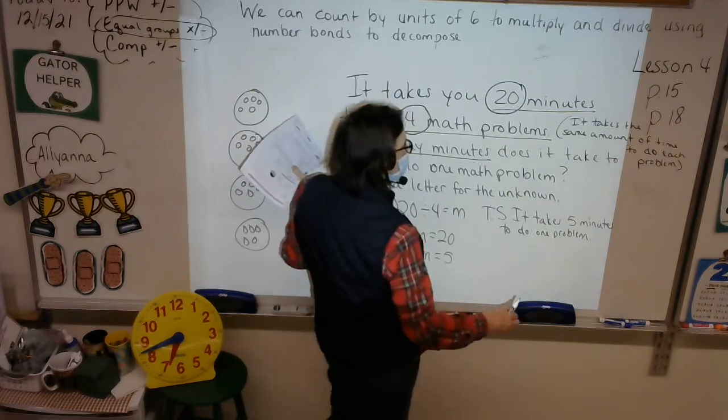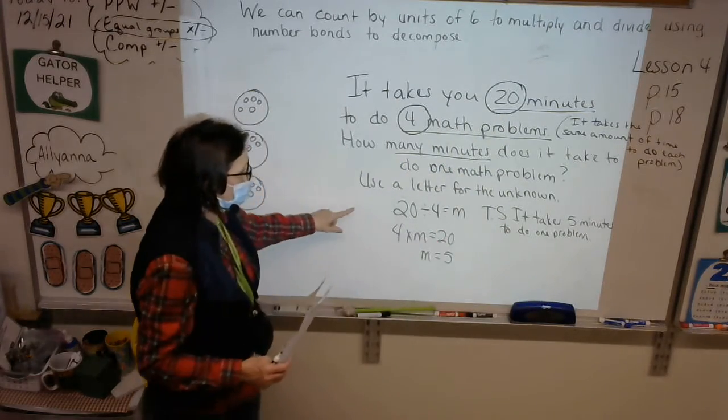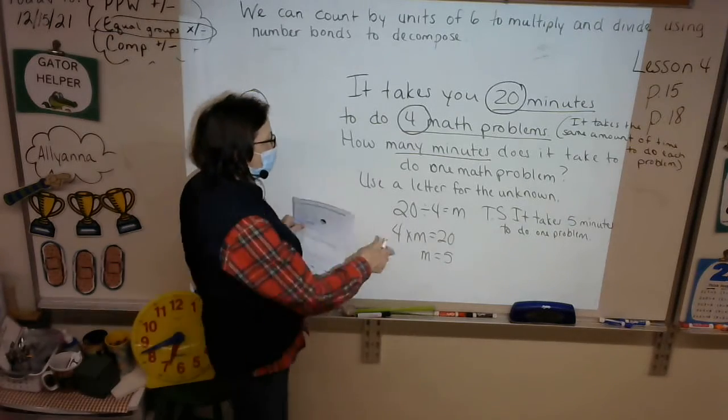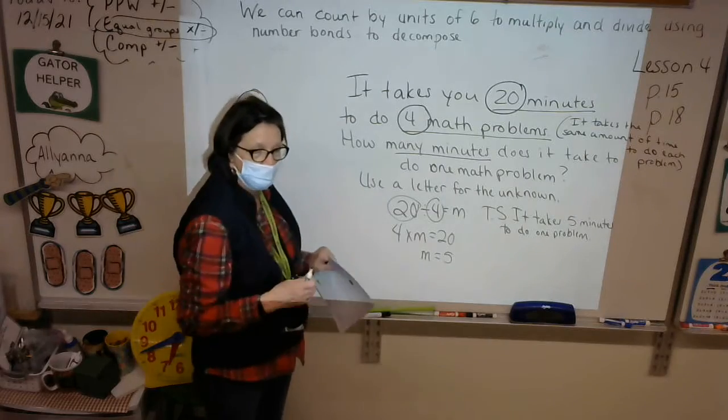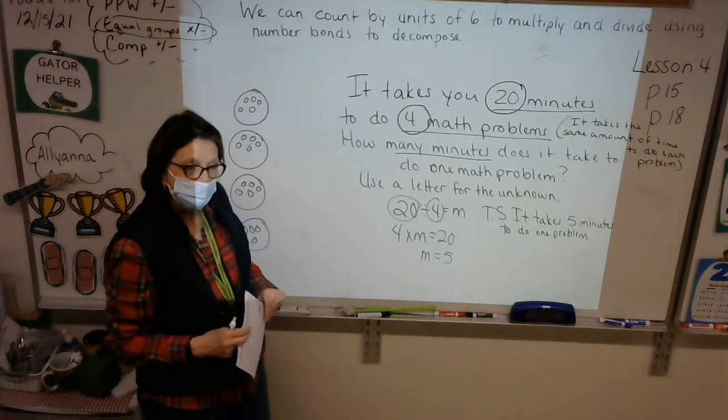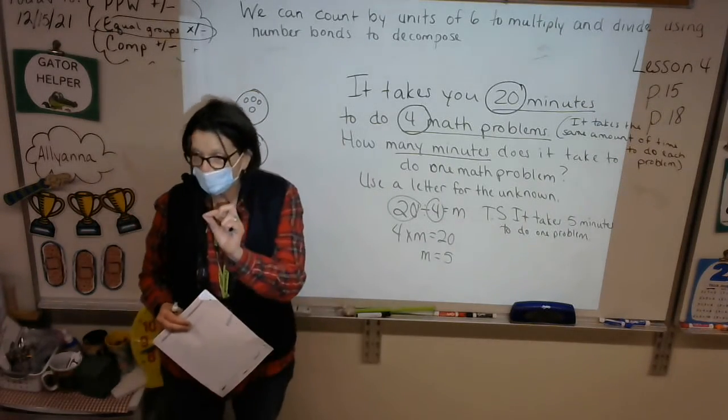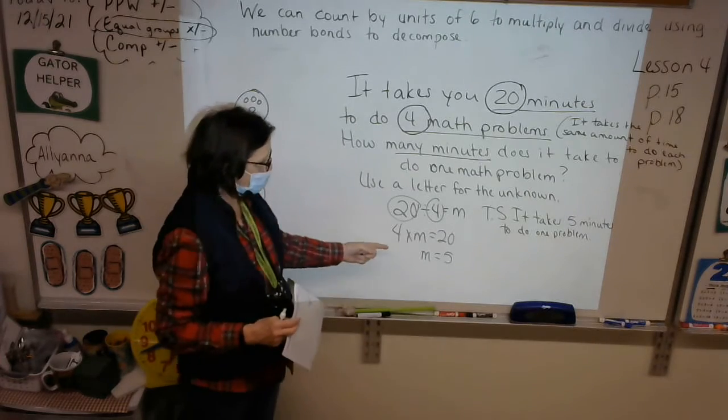So those of you who were confused, if you're writing your number sentences, what are your knowns? Your knowns are 20 and 4. How do you know? Because they're in your word problem. What is your letter going to represent? It's going to represent the number you're looking for. And then you have to write M equals.